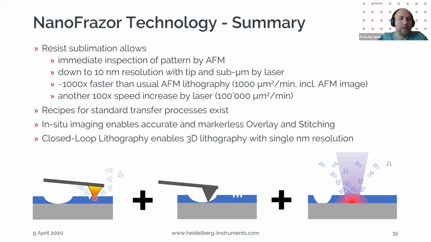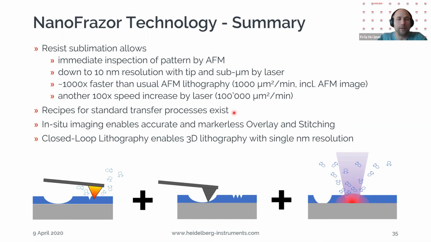So here the heating is done in microseconds and the removal, while for other AFM lithography, you have to stay microseconds, milliseconds. And very important to note now, for rapid prototyping, this 100x increase of speed with a laser is very advantageous. Also, I want to point out again, we have a lot of recipes for standard transfer processes like lift-off and etching and so on.